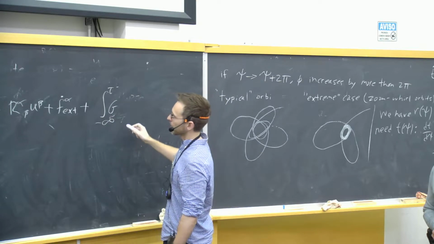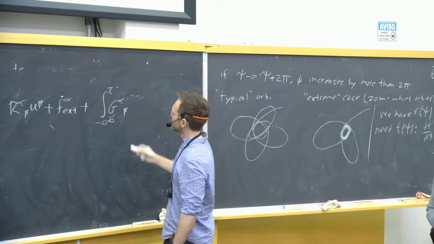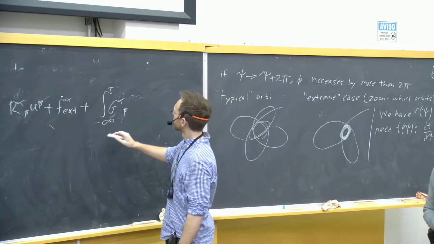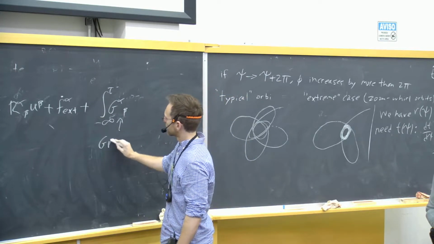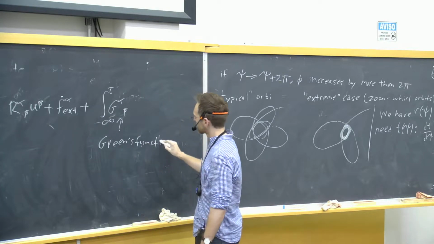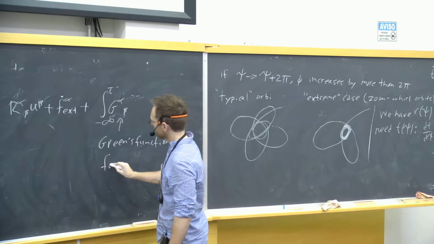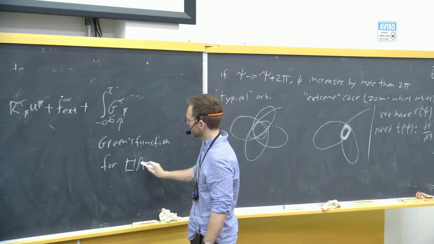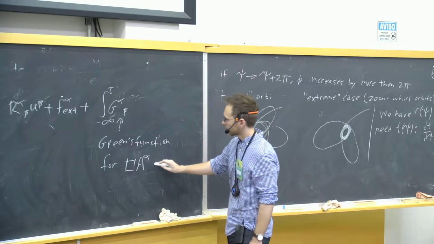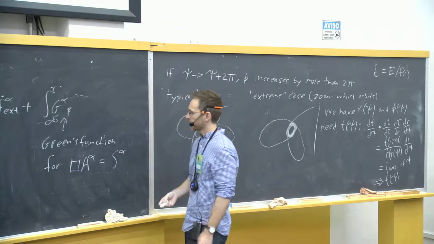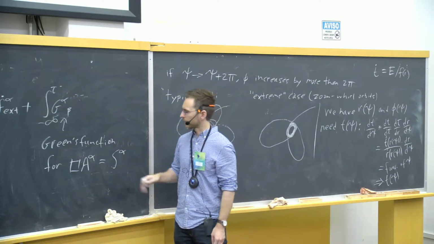And in here you have the Green's function for the curved space Maxwell equation. In the uncoupled case, it's like this.